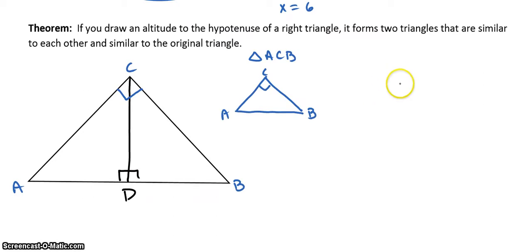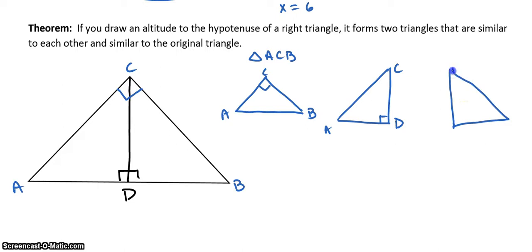We have ACD, so the right triangle on the left, ACD. And we have the triangle on the right with my right angle here, and this is CDB.